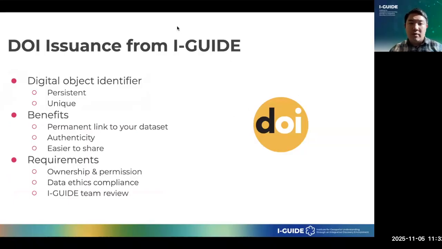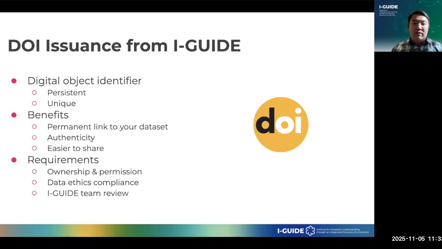Yes, thank you, Furqan. As everybody knows, a DOI, which stands for Digital Object Identifier, is a persistent and unique identifier for each paper, dataset, or even Jupyter Notebook. The benefits of getting a DOI for your dataset from us: number one, it will be a permanent link to your dataset, which is easier to share, and you feel more confident putting it somewhere more permanent, because the link will always point to your dataset.